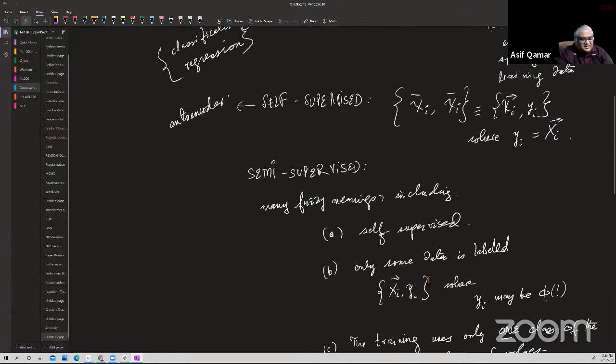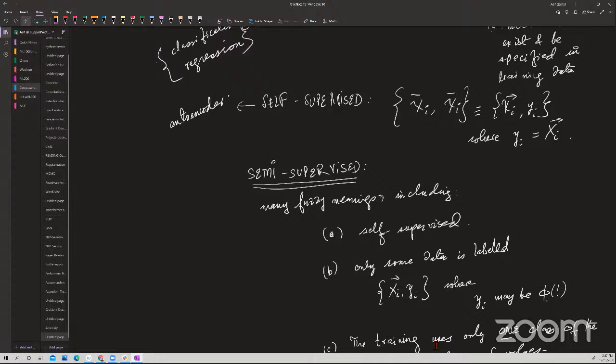Some authors will call self-supervised semi-supervised, and they'll be fuzzy about this. Then sometimes if they have only some labeled data, not all data is labeled, and they are training on that, they would still call it semi-supervised learning, right? So there is a little bit of fluidity on what people mean by semi-supervised learning. They can mean any one of these three things. Do we have clarity now, guys?